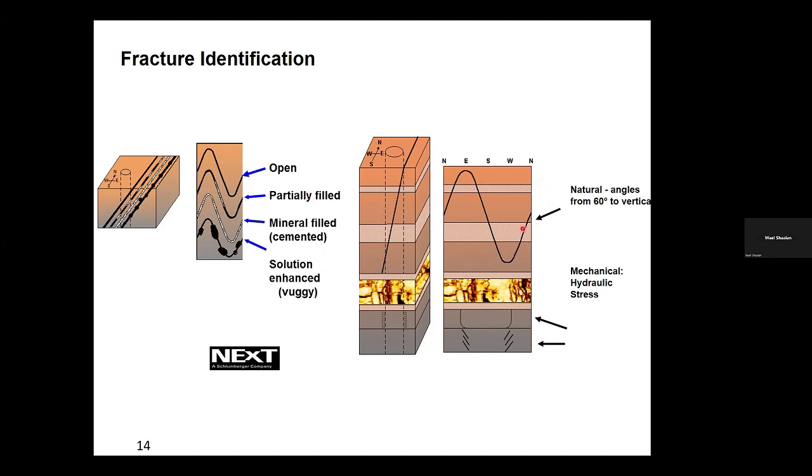We have another classification for fractures. We have natural fractures, and we have drilling-induced, or mechanical, or drilling-related fractures. Natural fractures are the geological fractures that we have due to tectonics, rock loading and unloading, faulting, whatever.